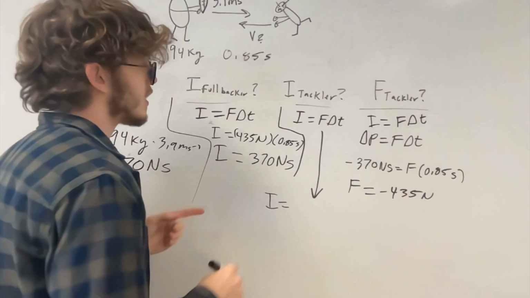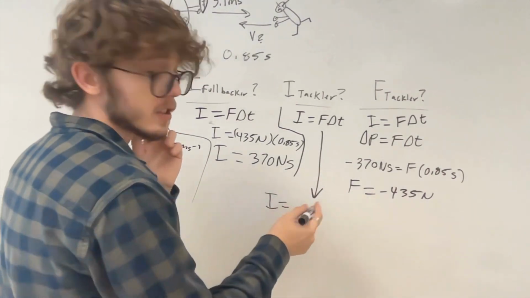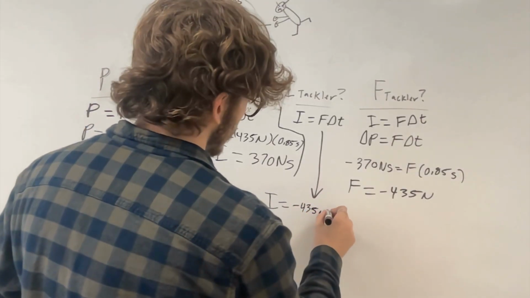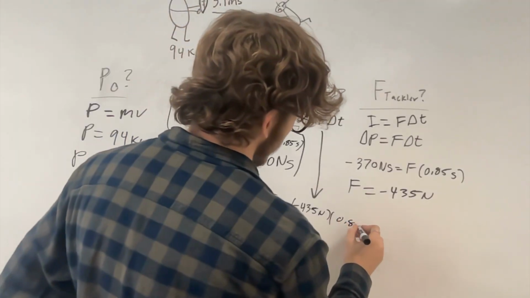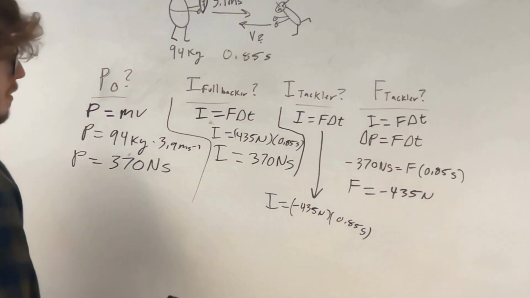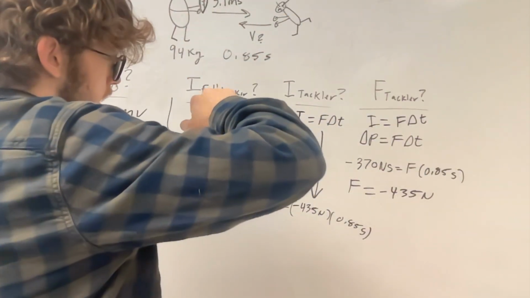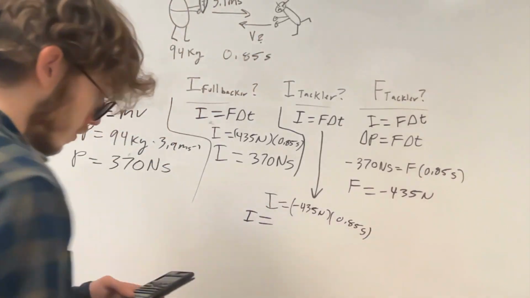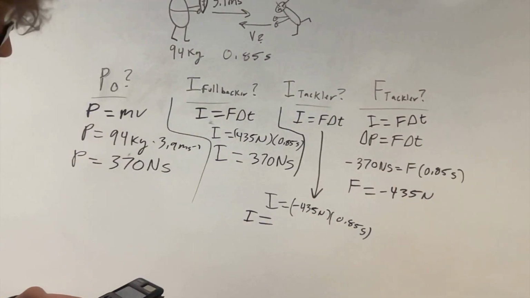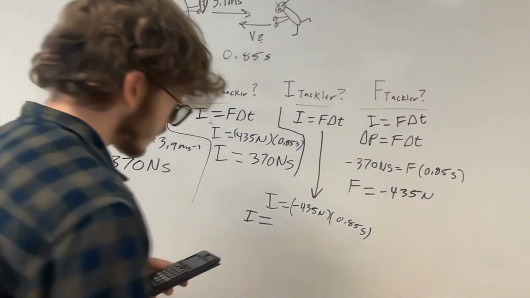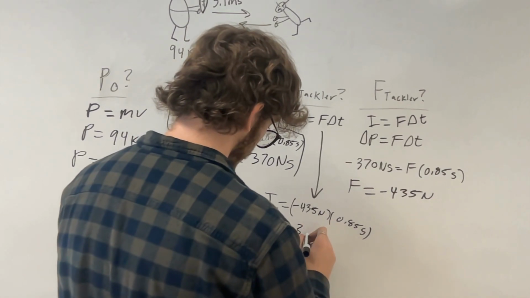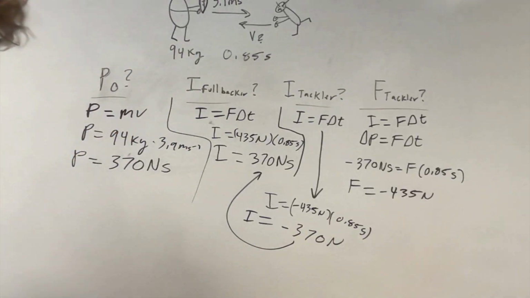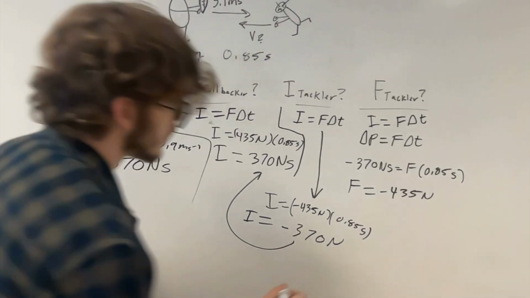We would expect this to be negative 370, but just to confirm our thinking, negative 435 newtons times that time interval, 0.85 seconds, is equal to the impulse. Negative 435 times 0.85 is negative 370. So just as we expected, opposite in sign but equal in magnitude, and that should be in Newton seconds.